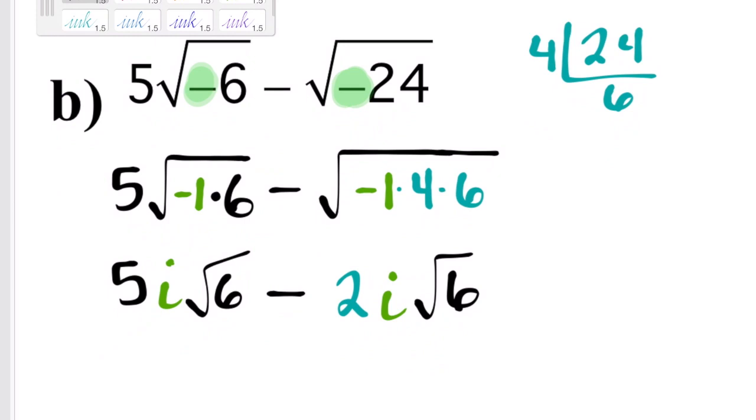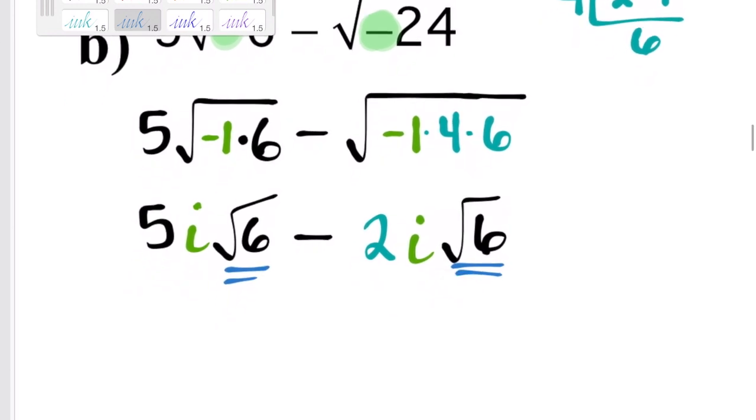So now that I've got this simplified, I see that we have a square root 6 and a square root 6. We can treat these as like terms because we have the same number underneath our radical. So I'm going to add my 5i and my minus 2i. So technically I'm subtracting, and I would end up with 3i square root 6.